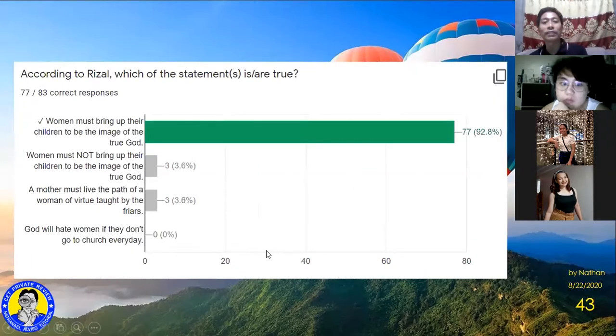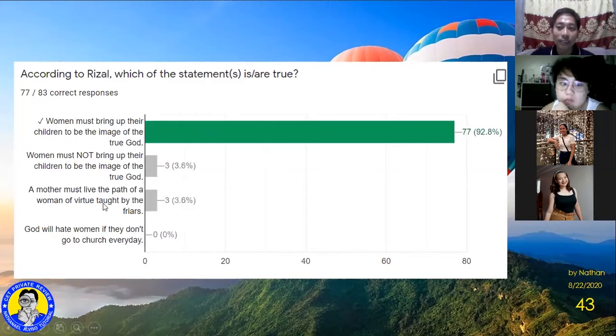So according to Rizal, which of the statements are true? Women must bring up their children to be the image of God, or women must not bring up their children. So if I answer B, it's not A, because these are just opposites, okay? A mother must live in the path of the woman of virtue taught by the friars. Rizal did not say this.